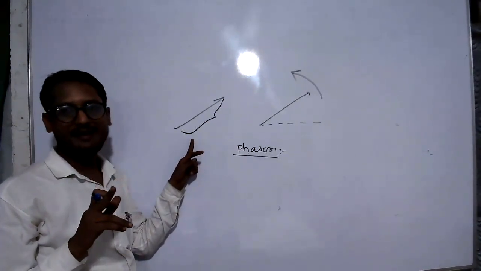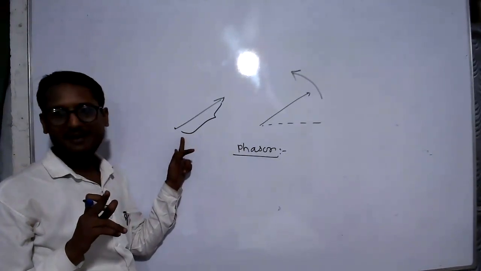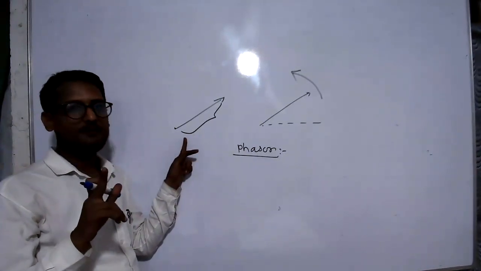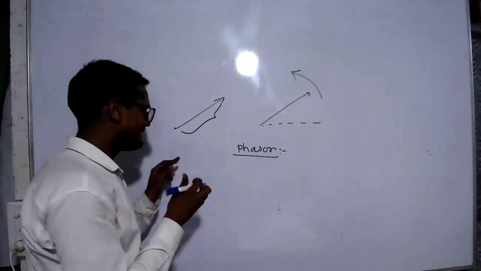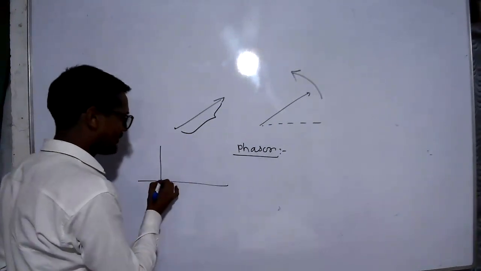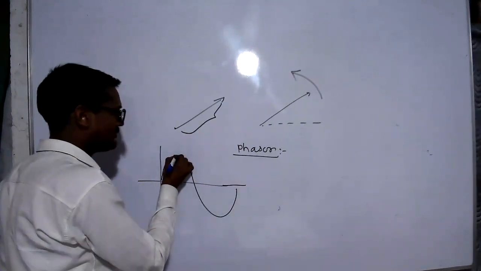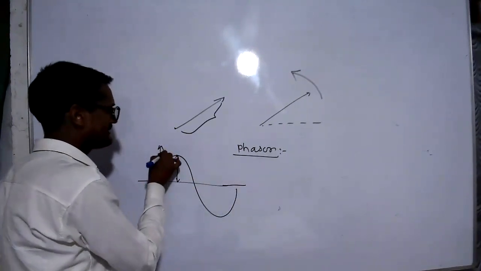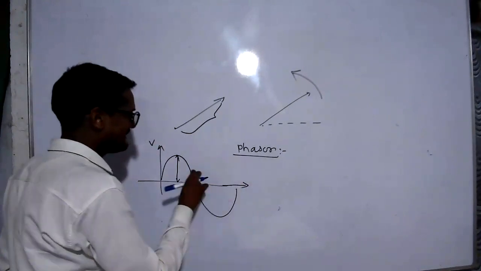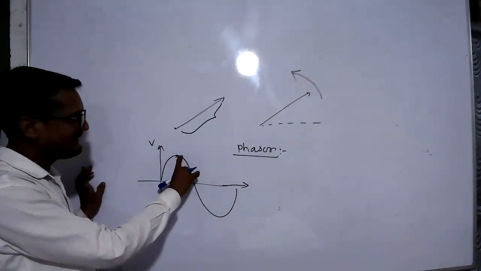This length indicates the magnitude of the AC quantity. That means if we draw this waveform, suppose this is the waveform of voltage, this is the magnitude of the voltage.